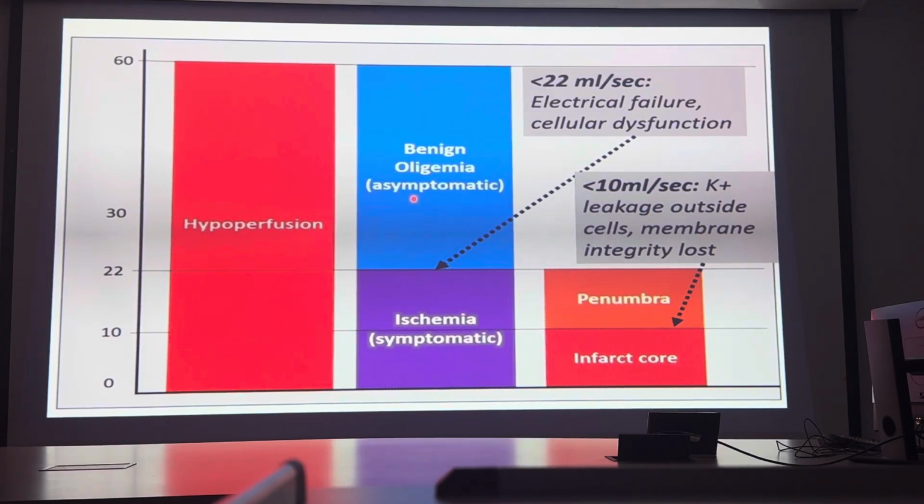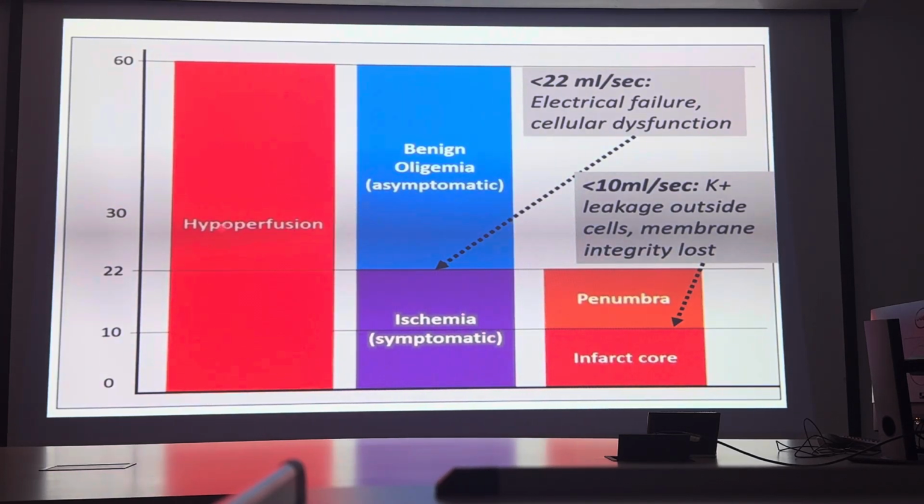Benign oligemia is defined as the phase of ischemia or hypoperfusion when the brain's ability to auto-regulate the cerebral blood flow by vasodilatation is exceeded, and cerebral blood flow starts to be reduced, and of course the cell in this period of time is functioning well and the patient is asymptomatic.